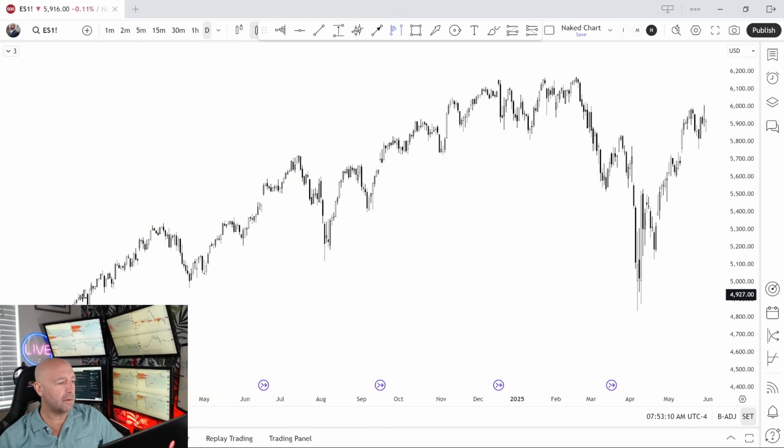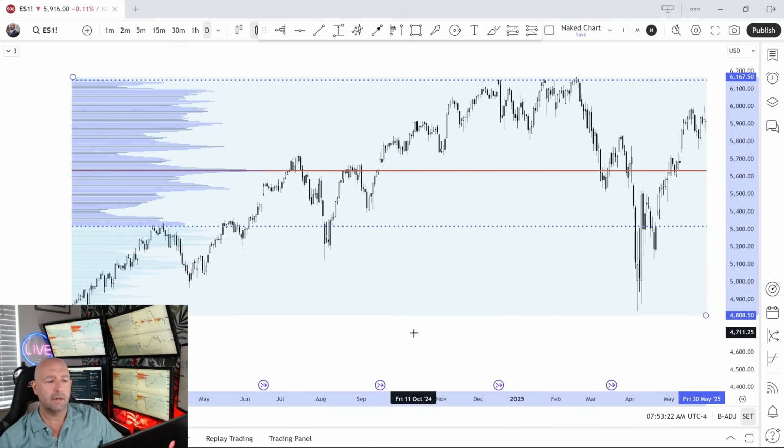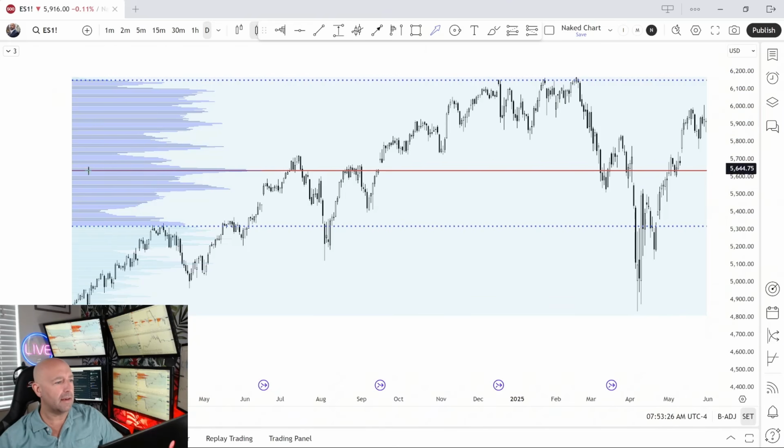So we can create some really powerful levels going back to January, right here. Let's go to this candle and let's bring it all in. Now we can see some significant low volume nodes, high volume nodes, and we want to pick out the most significant.